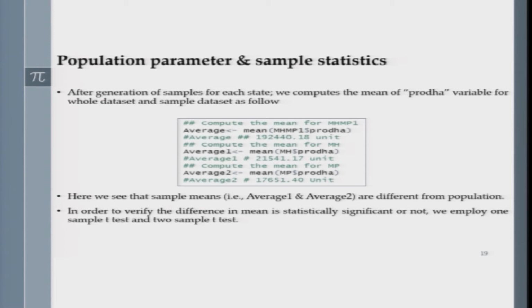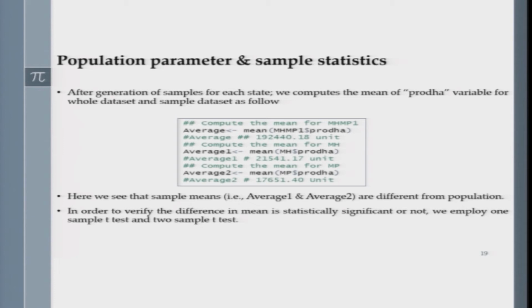Now, I want to see whether the sample means coming from the two different groups, group 1 and group 2, named average 1 and average 2, are different from the population mean. In the box above I have shown you how you can get an idea about the population mean and the sample means.